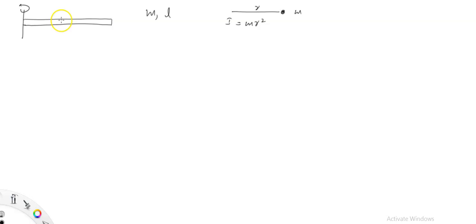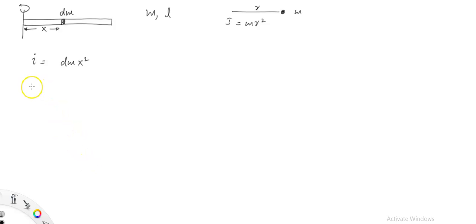We're going to take a little random piece, a small piece, let's call it dm, the little mass, at a distance, let's say x. So for this little dm piece, inertia equals dm x squared, right?